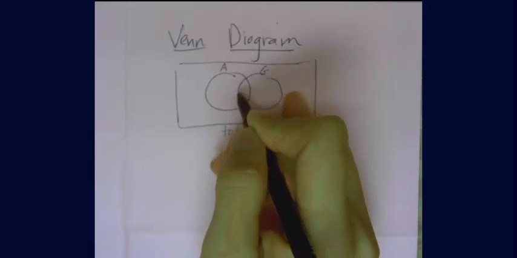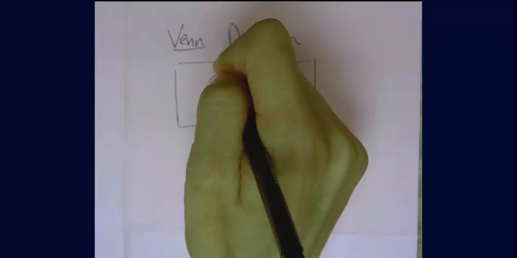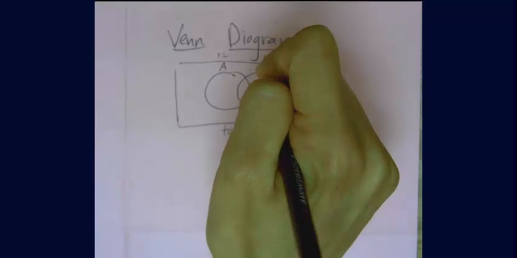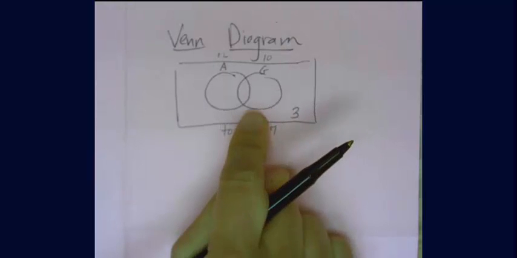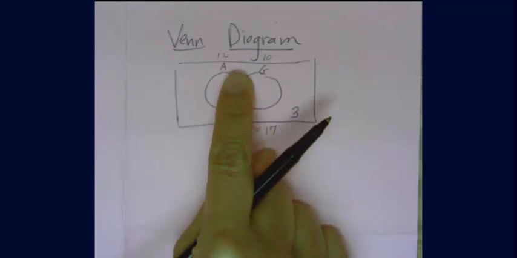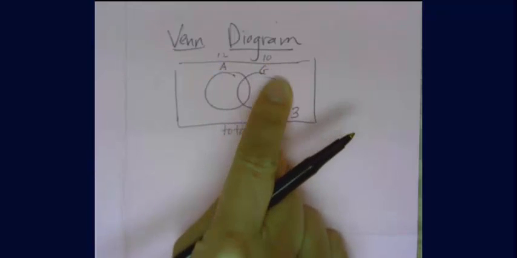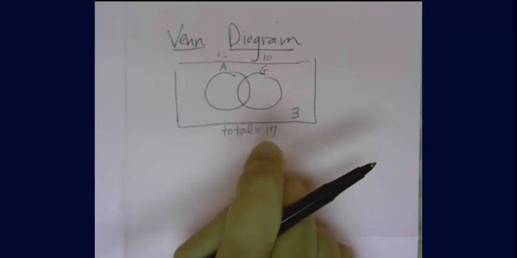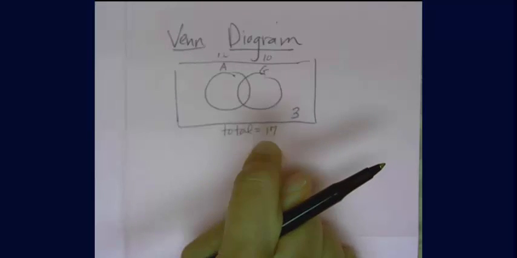We know that 12 teachers, I'll just put a little 12 up here, taught algebra, and 10 people taught geometry. And we know that there has to be teachers who taught both in the intersection, because when we add 12 plus 10 plus 3, which is 25, that's much greater than the total, which was 17.